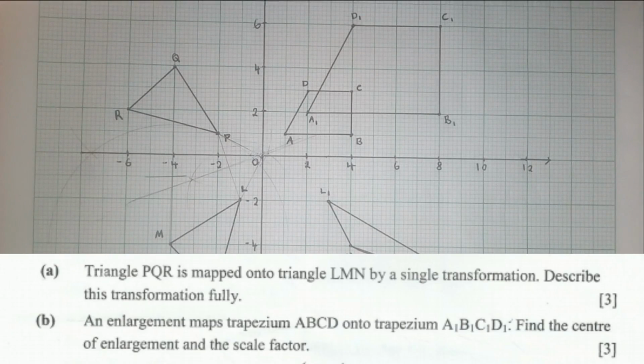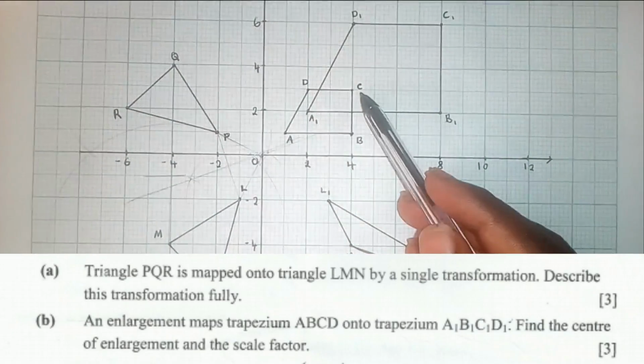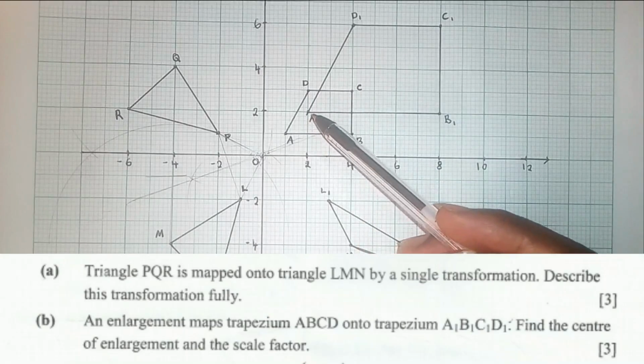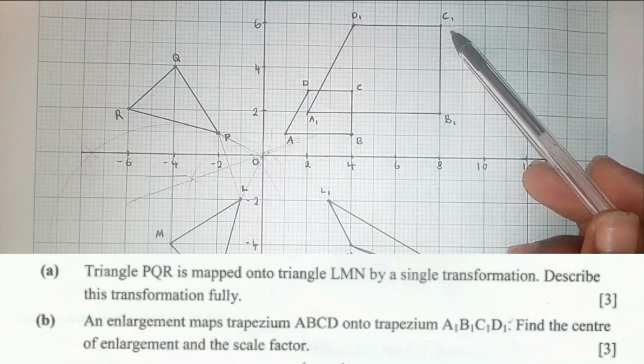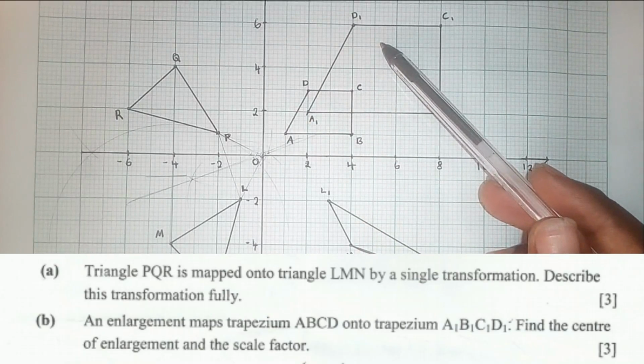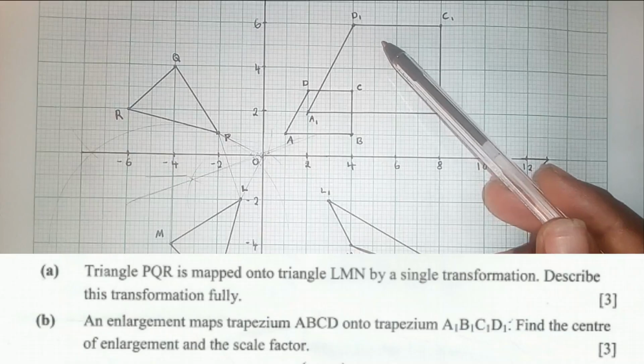B reads: an enlargement maps trapezium ABCD onto trapezium A sub 1, B sub 1, C sub 1, D sub 1. Find the center of enlargement and the scale factor.